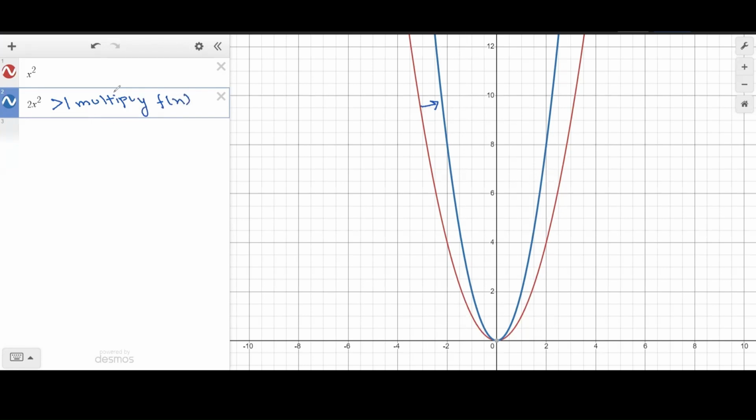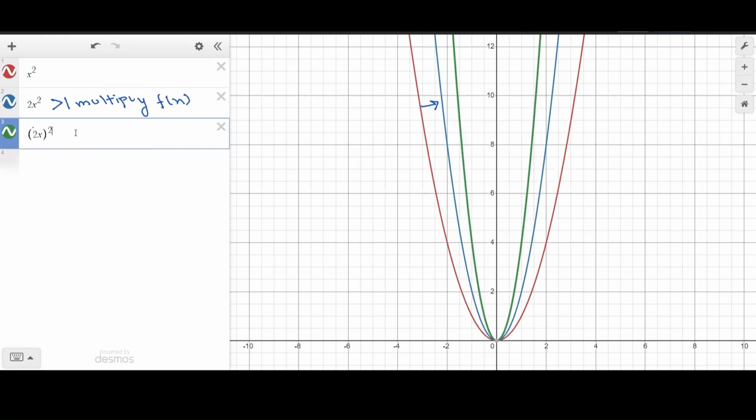And now let's add another function here, and let's multiply something to the input of the function. So let's multiply 2 to the input of the function. So now our x basically equals 2x, and therefore we have (2x) whole squared, which basically equals 4x squared.